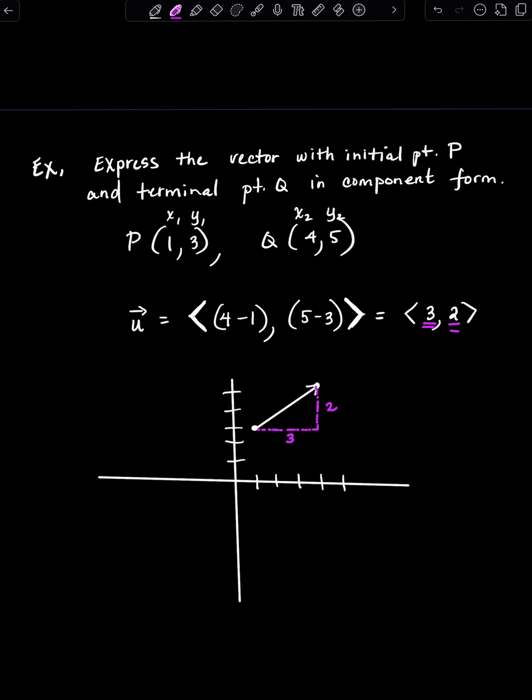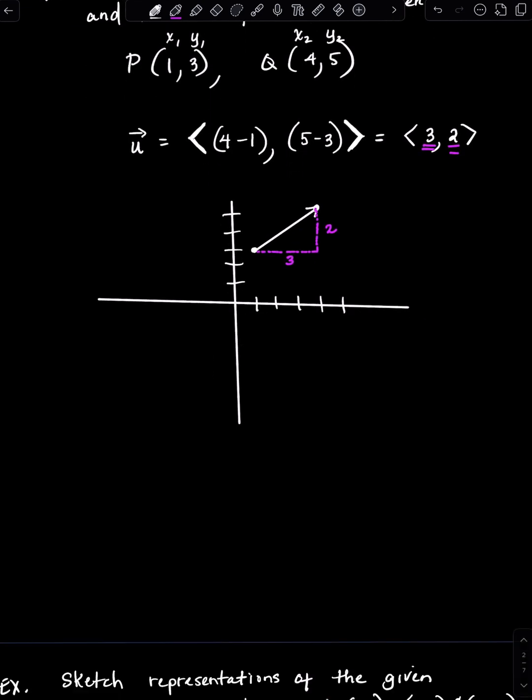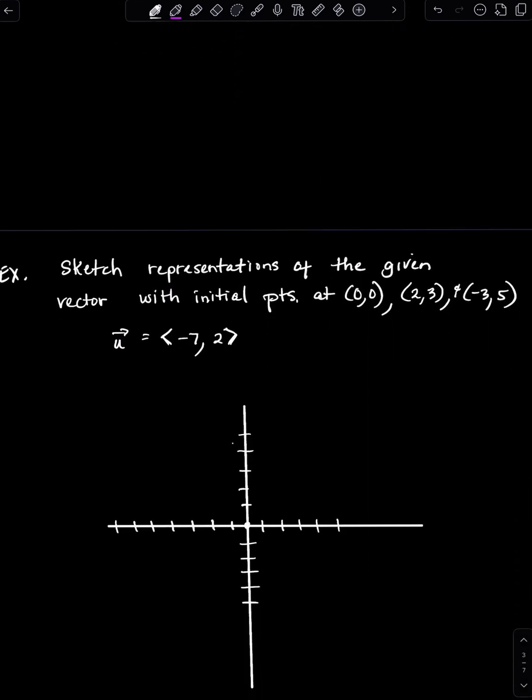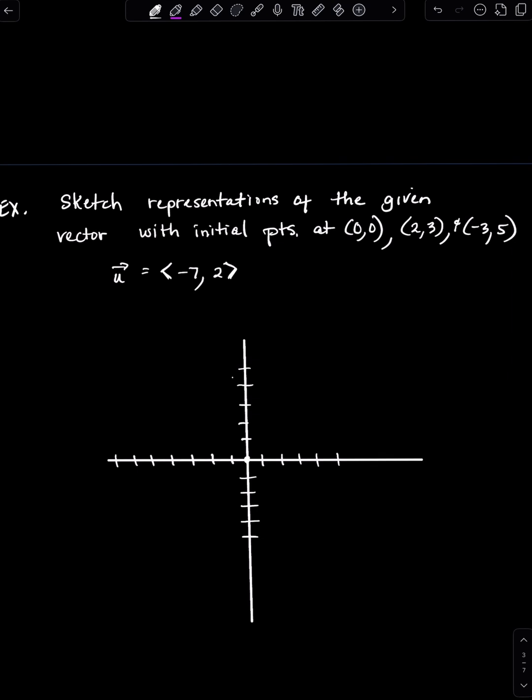Alright, let's do another one. It says sketch representations of the given vector with initial points at 0, 0, 2, 3, and negative 3, 5. They give me this vector in component form: negative 7, 2. So I'm going to start at 0, 0. In component form, this is my horizontal component and this is my vertical component.